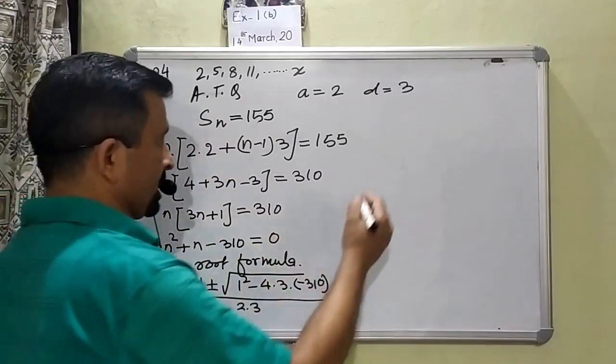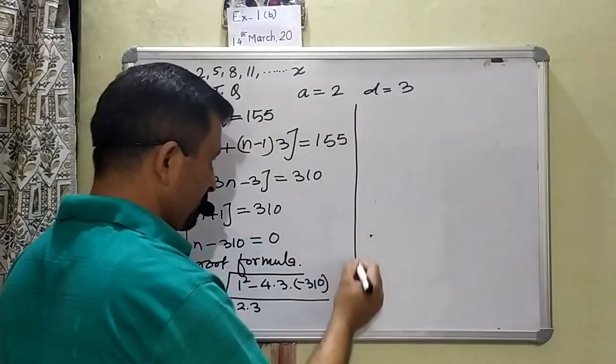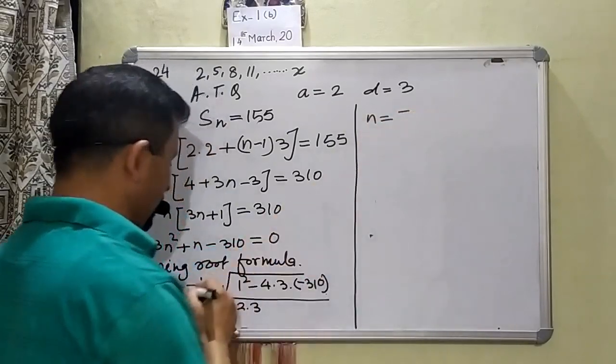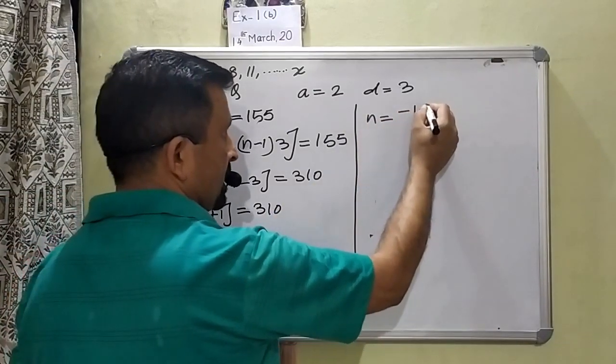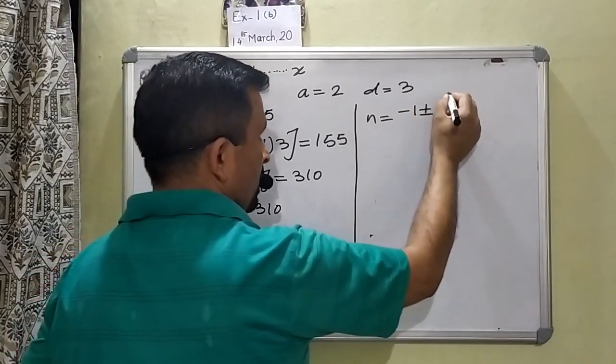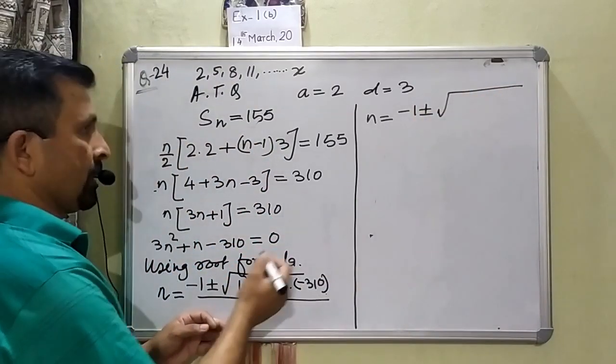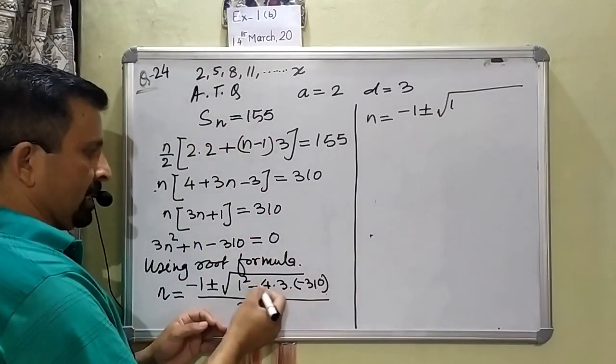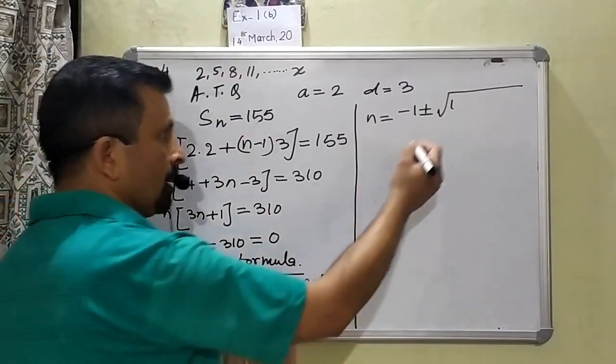Now we will simplify this. n is equal to minus 1 as it is, plus minus root over 1 square, which is 1. Now from here till here there are two negative quantities, therefore the product of all this will be positive.